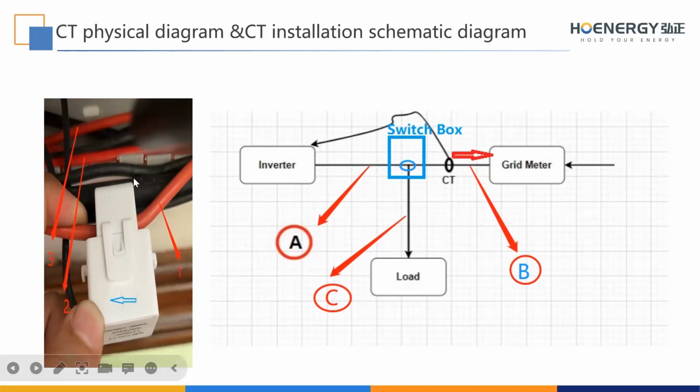We can see that the customer installed the CT at the bottom of the inverter, so the CT could not detect the current from the home load. That's why the grid always shows 0. So we asked our customer to check and modify his CT installation.